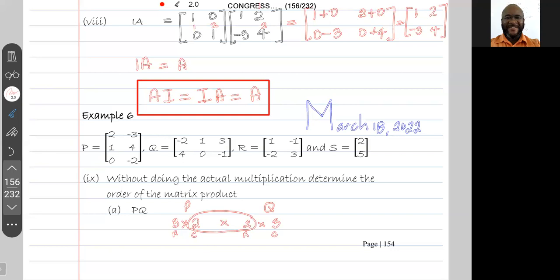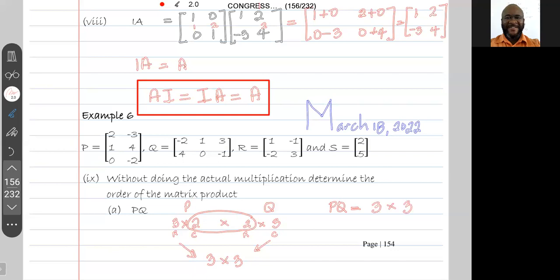Now, when 2 matrices are compatible for multiplication, the number of rows in the first matrix, which is 3, multiplied by the number of columns in the second matrix, which is also 3, is the order of the matrix product PQ. So the matrix PQ will be a 3 by 3 matrix.